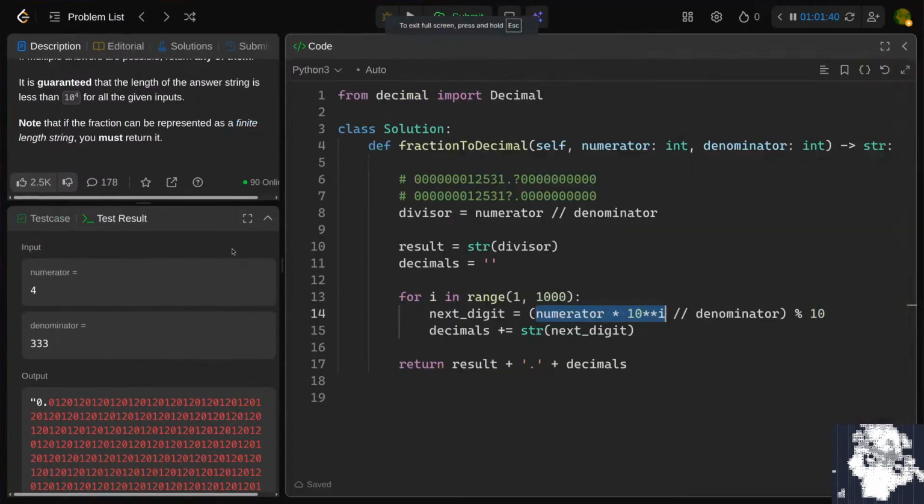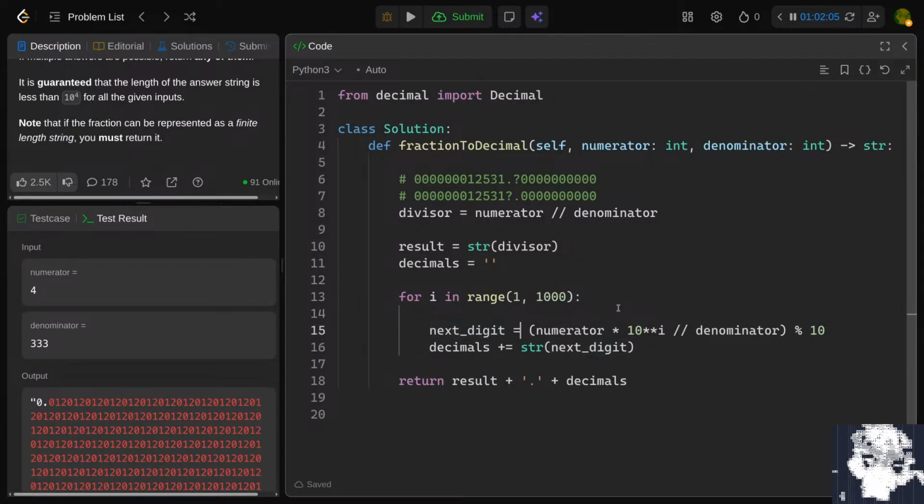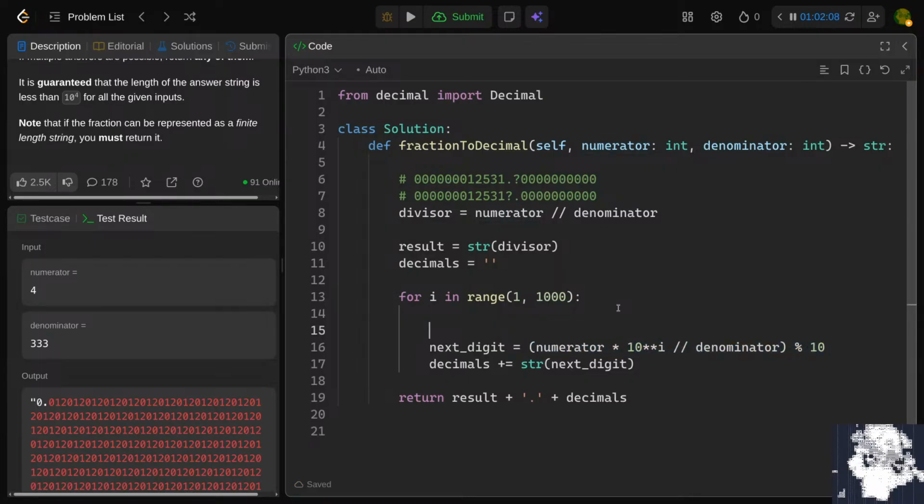Okay, I'm trying to think of some way that I could have a state so that I could recognize if I get back into the state. So let's say I had something like this that's like an intermediate result. I don't even know what to call it.